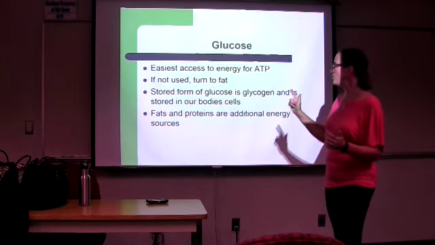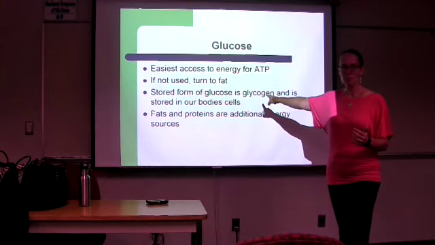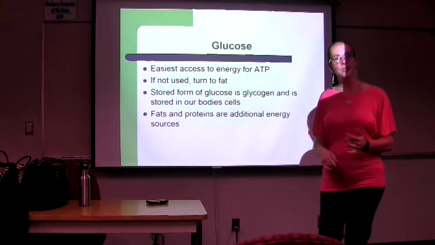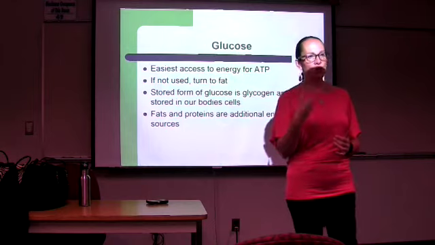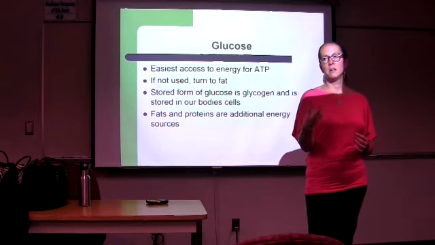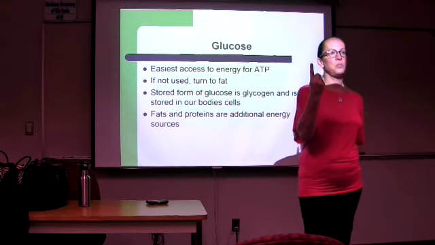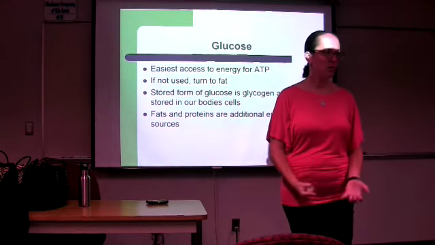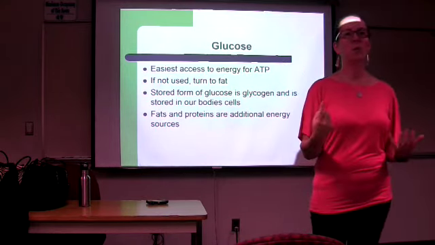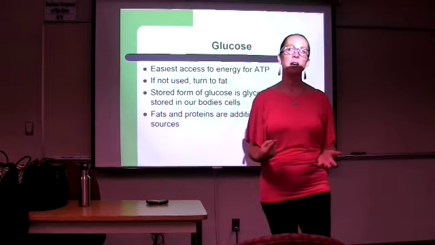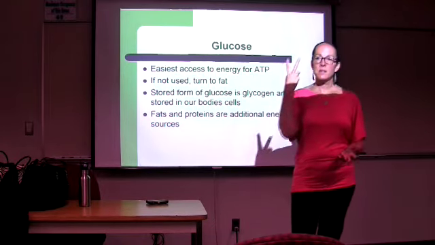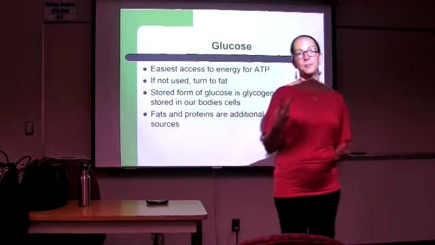We store that glucose as glycogen. We store glycogen in two major areas of the body. Skeletal muscle. Skeletal muscles use tons of glucose because they are what is called highly metabolic. They use a lot of energy. The second place we will store is the liver.